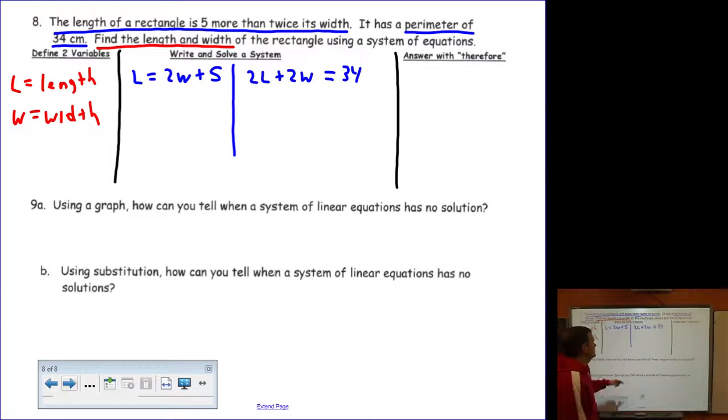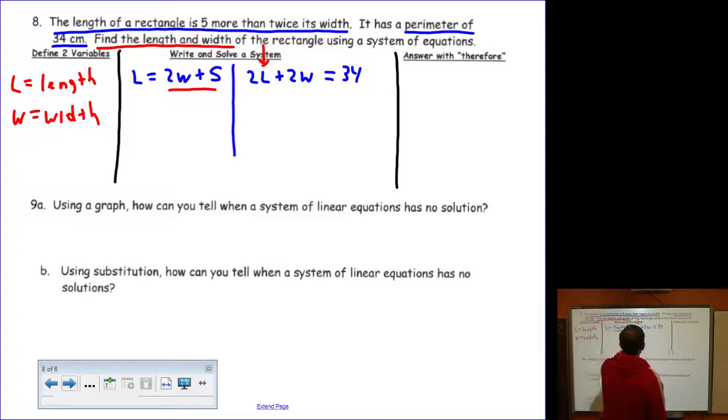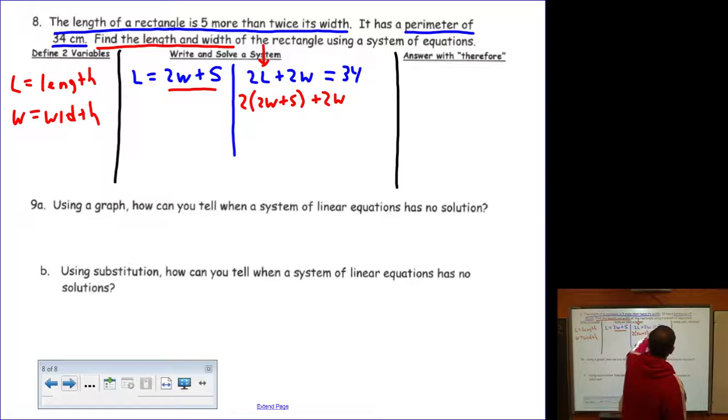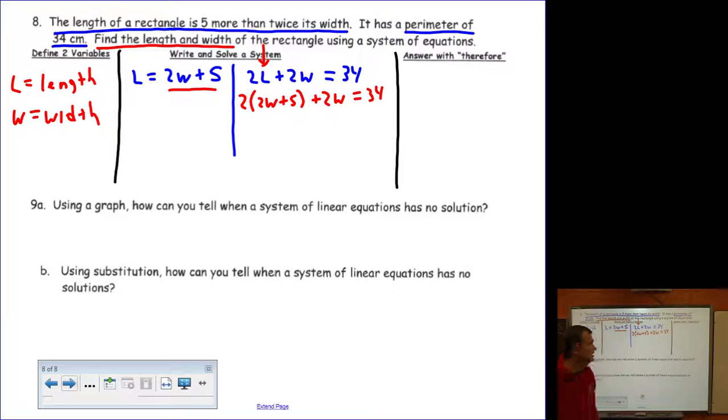And this is a nice equation because it's already got the L by itself, so I can go ahead and substitute it in there. And let's make the substitution. So instead of 2 times L, this is going to be 2 times 2W plus 5. And I'll finish the equation plus 2W equals 34. And we can go ahead and solve that now.